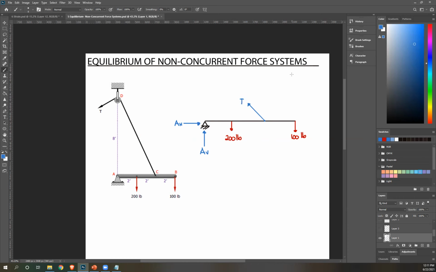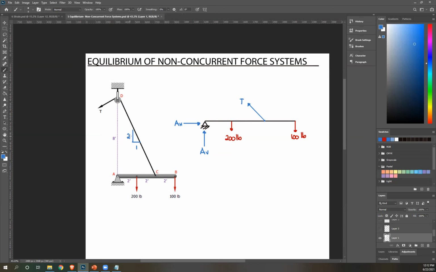Okay? And then look here, right? This string has these dimensions. So base 4, height 8. So meaning, I can figure out the slope of this cable, which is also the slope of this force. Okay, so again, base 4, height 8. So this is 4, 8. Or you can simplify, divide everything by 4. 4 divided by 4, that's 1. 8 divided by 4, that's 2.